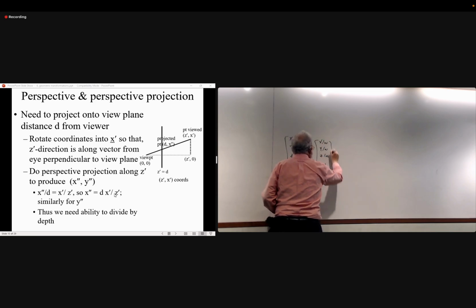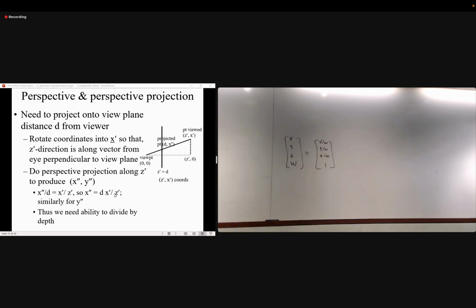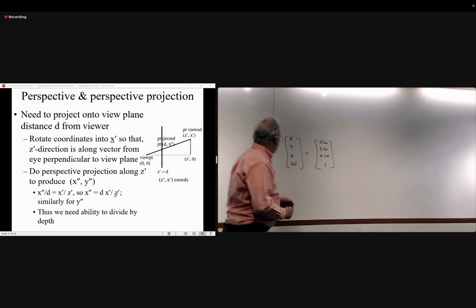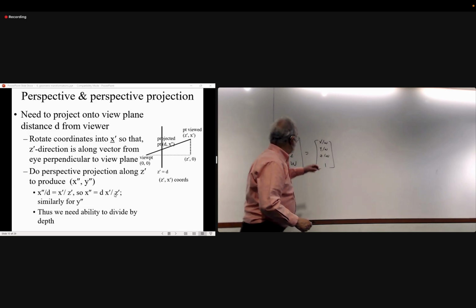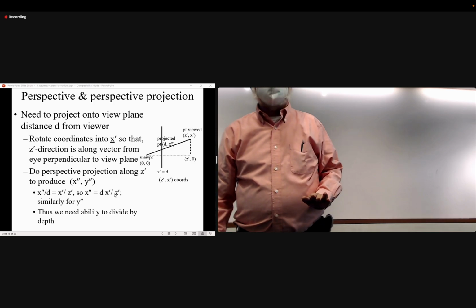So we have a setup where division by the fourth coordinate is assumed. And so if you have a 1 there in W, then x, y, z, 1 just means x, y, z itself. But if you have a W there, and in our case we're going to need something that involves z prime down there in the W slot, then we'll be able to understand that it's divided by W.